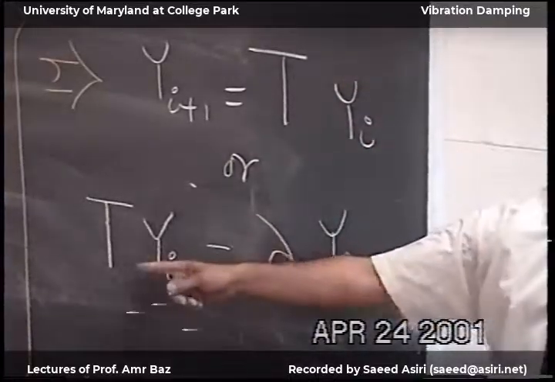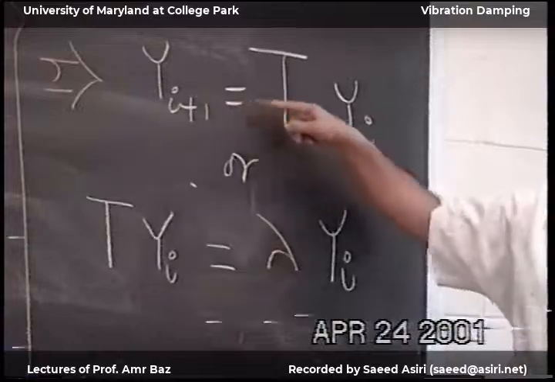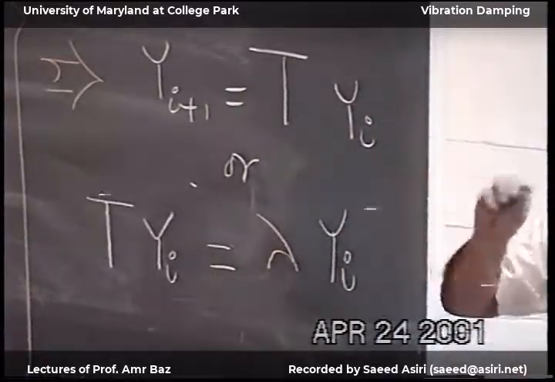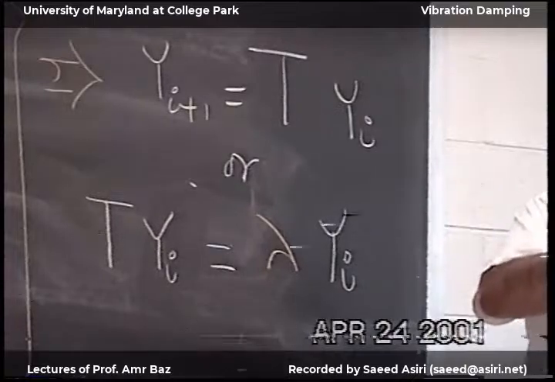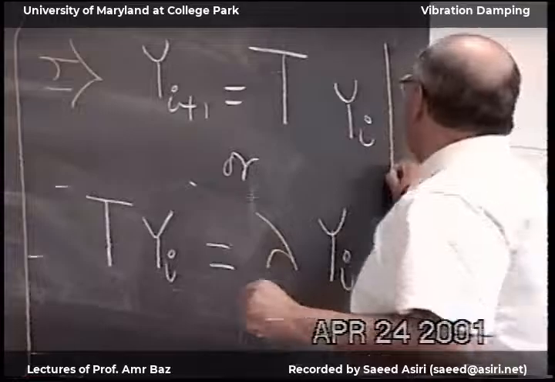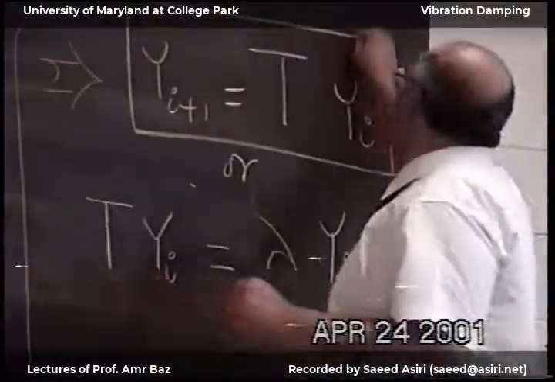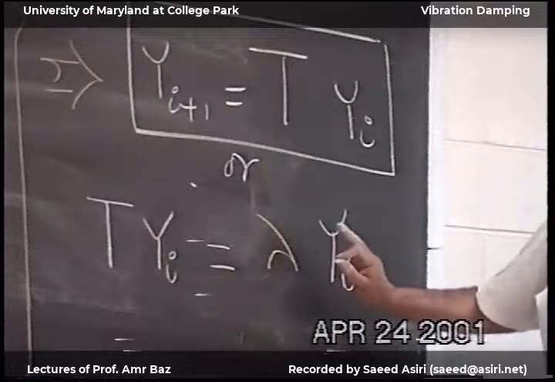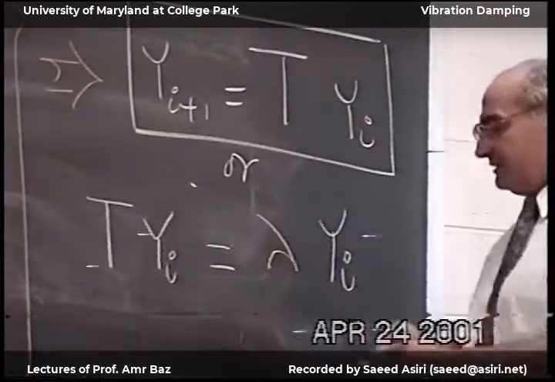Now I'm going to combine these two equations. This is by definition. This is by the analysis. So you analyze the system, any system: rods, beams, plates, shells, you will end up with the same equation, the same form. And this now is reduced to conventional eigenvalue form like this.